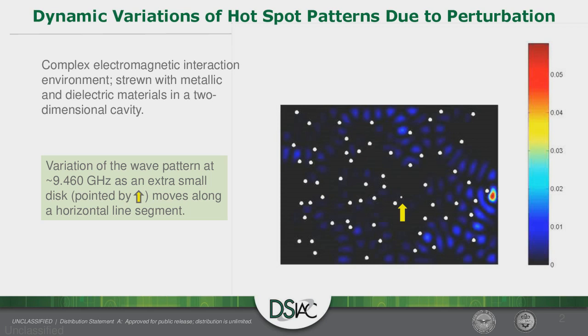Even though the perturbation is small, it generates a lot of different patterns. We call this the butterfly effect. So that means the sensor or measurement system shouldn't disturb or perturb the field by itself.